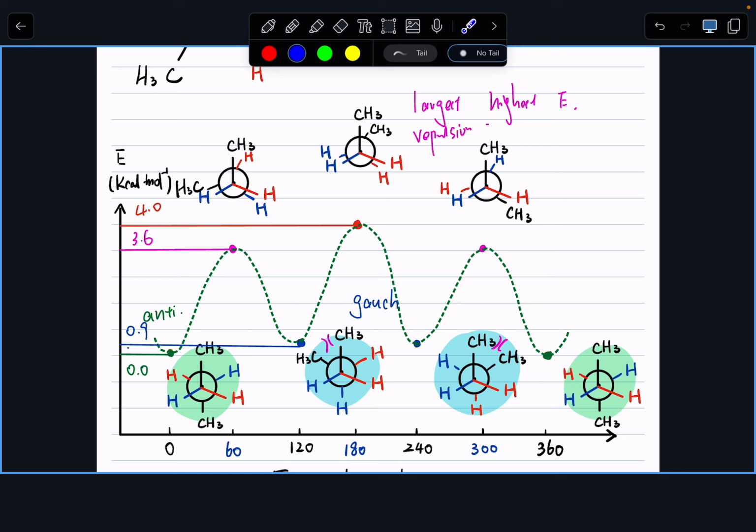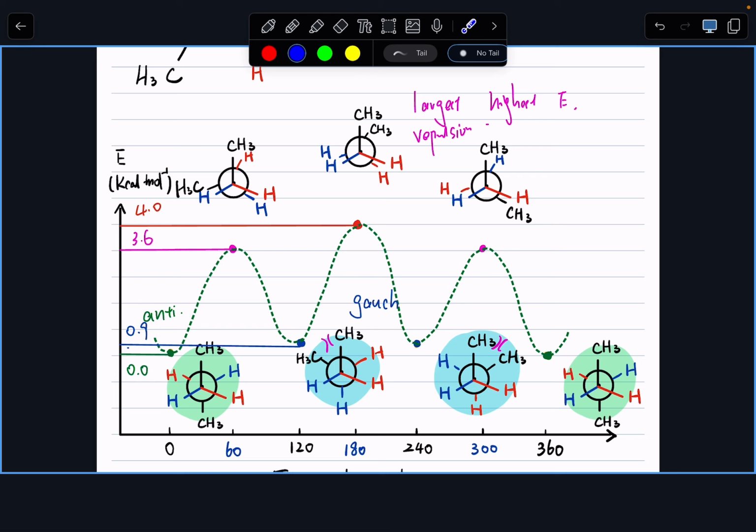So that's why carbon-carbon rotation is able to take place at room temperature, because even if we're going from anti all the way to the highest energy one, it only takes about 4 kilocalories per mole. But if we're looking at population, then most of my molecules will be in the lowest energy anti conformation, but they can interconvert with each other. We'll go over that thermodynamics hopefully sometime later this quarter.